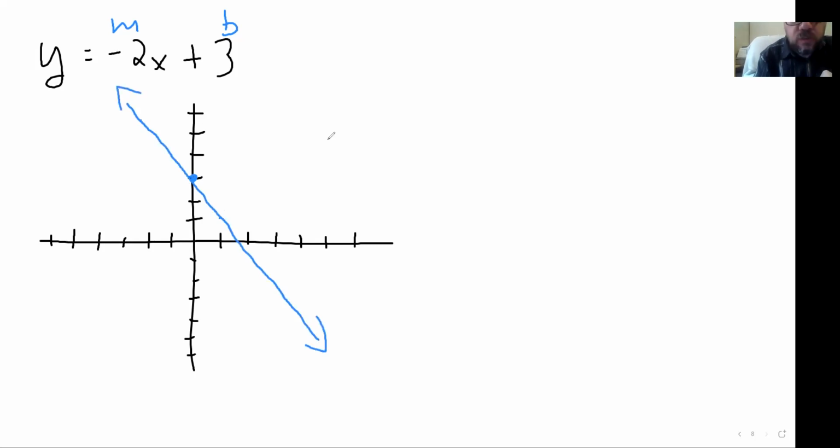There's my line. Now, if you look in the module that I have for this topic, you'll see that I posted I think like 3 other videos or something like that. Almost every video that I found on YouTube talking about graphing lines did this. They just turned everything into this form and then graphed it, doing exactly what I just did. They identify the y-intercept, identify the slope, graph away.